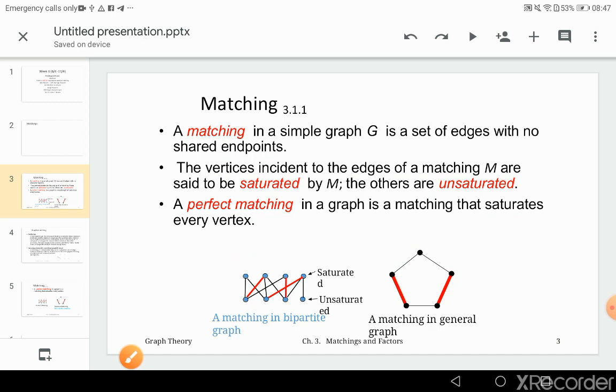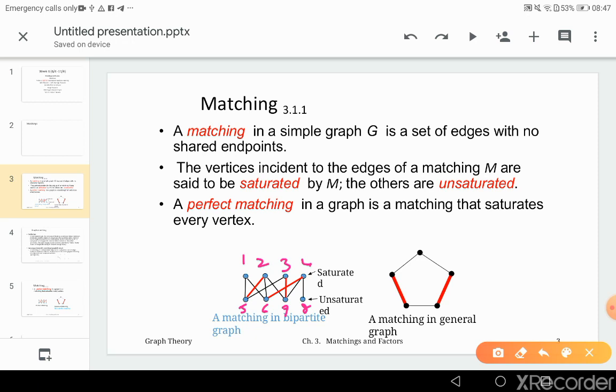So what does saturate mean? Let's say here we have one graph with vertices 1 2 3 4 5 6 7 8.